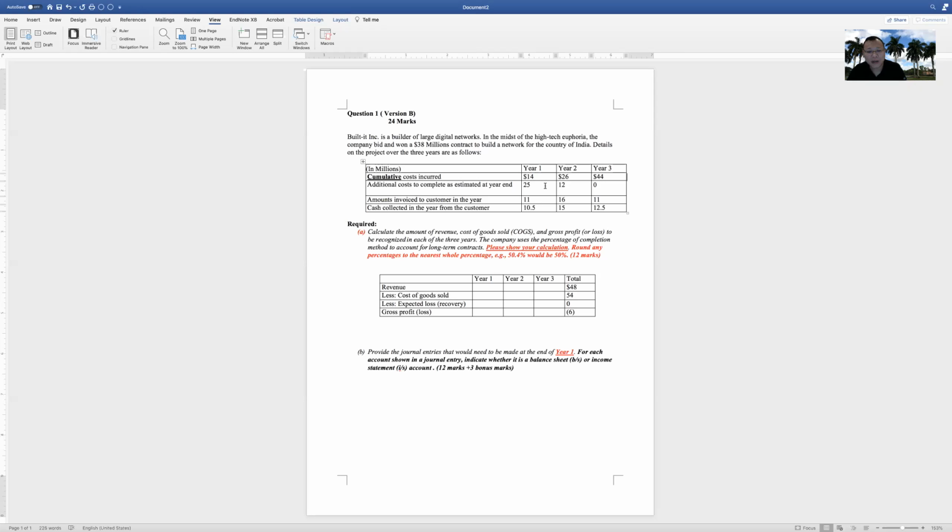So I'm going to talk about version B, and then you see how I do it, okay? You have 30 minutes to work on this. Maybe some students may believe that it's too short a time, but not really. I do have students achieve 4 marks on this.